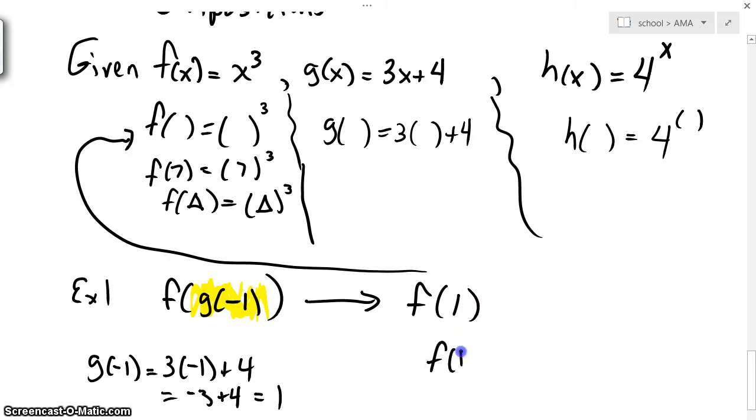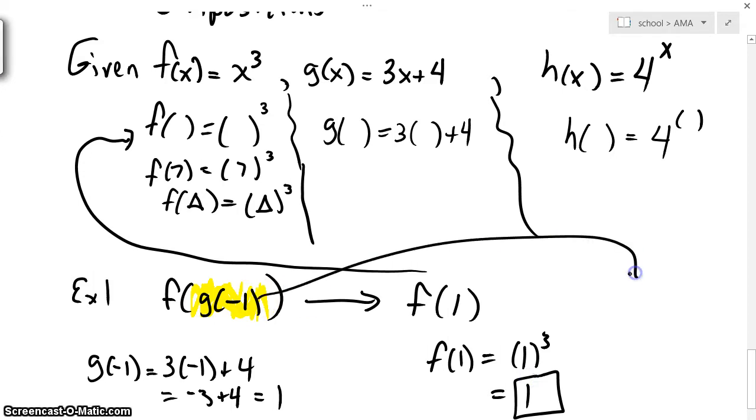So f of 1 would very simply be 1 to the third. 1 to the third is just a 1. That's what our final answer would be. By the way, another way of writing this could be f with an open circle of g of negative 1. That's just a different notation that could be used. But that being said, that's our first example.